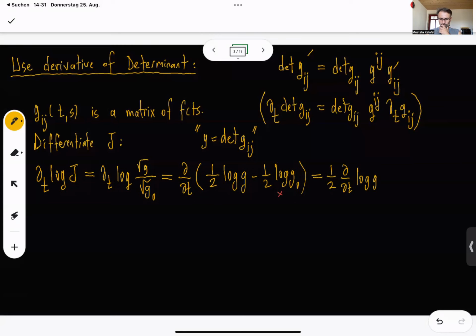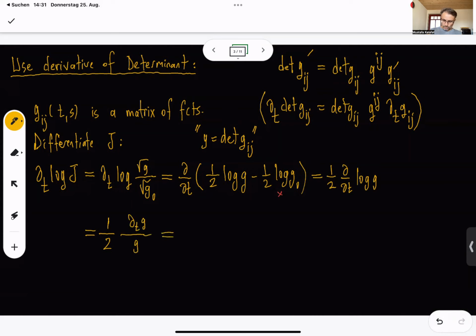That is equal to 1/2 partial t g over g.